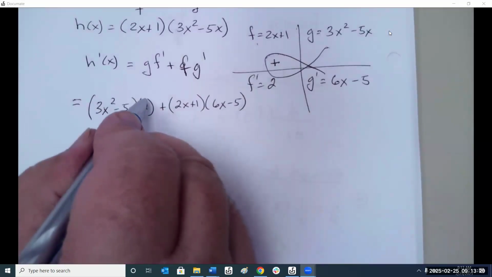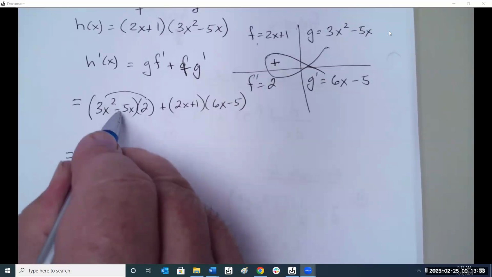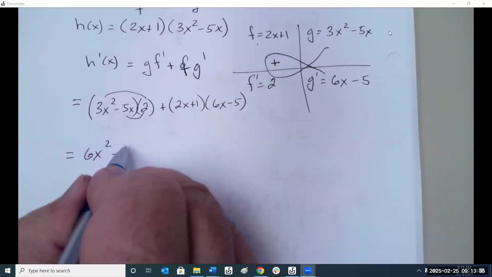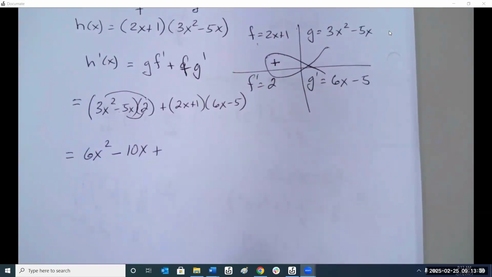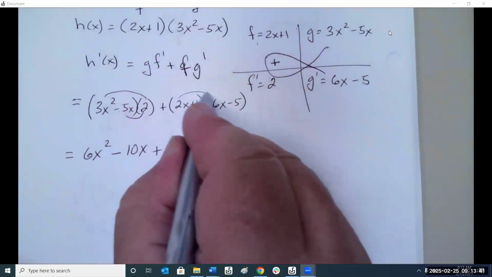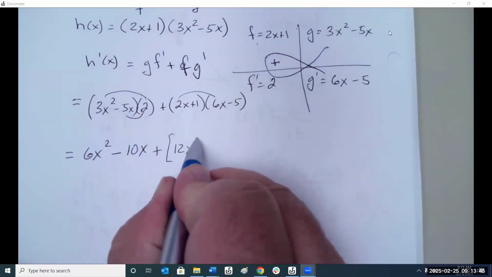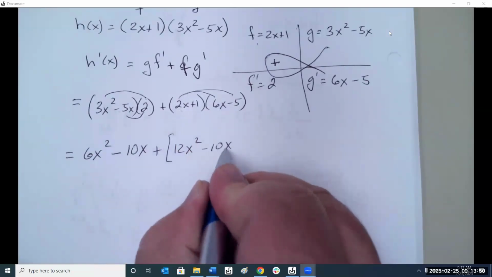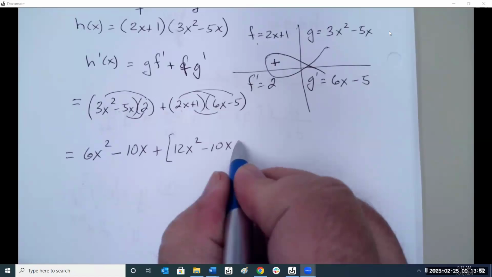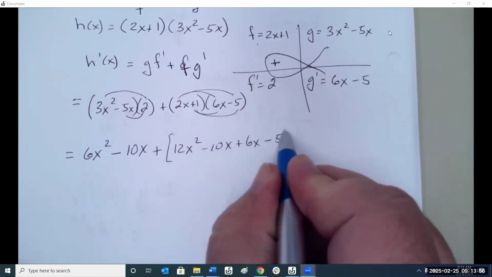Get rid of the parentheses. So 2 times 3 is 6x squared. Negative, positive is negative. 2 times 5 is 10x. 2 times 6 is 12x squared. 2 times negative 5 is negative 10x. Positive 6x. Negative 5.